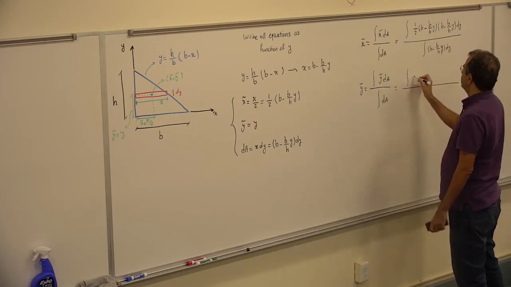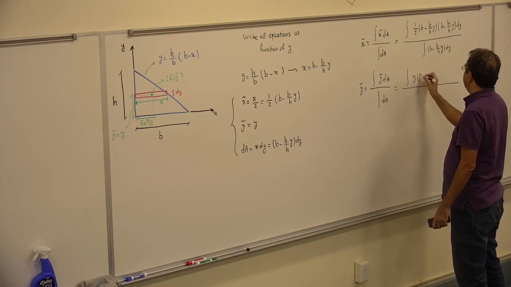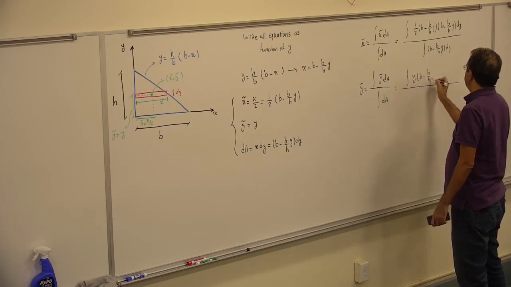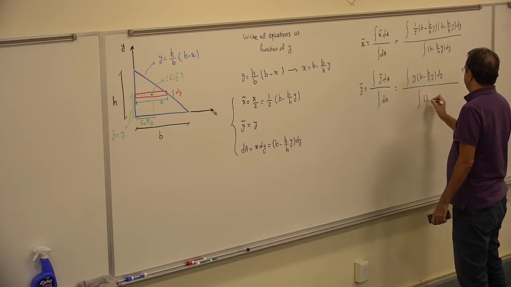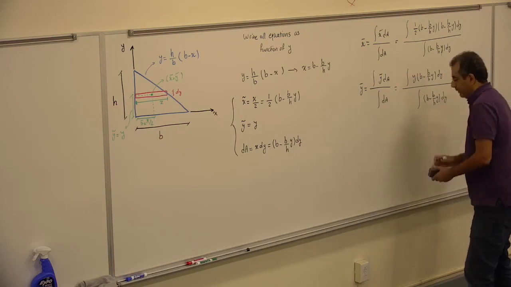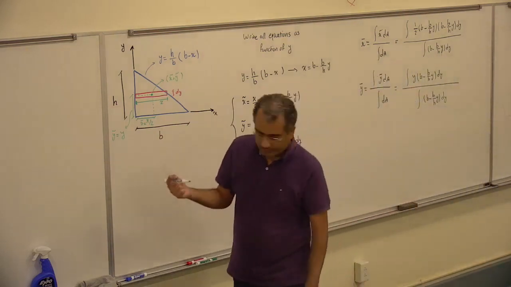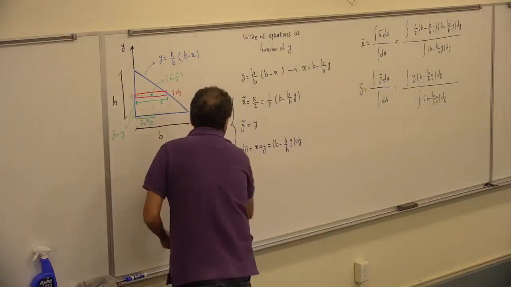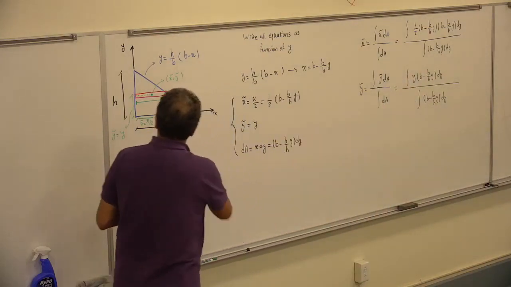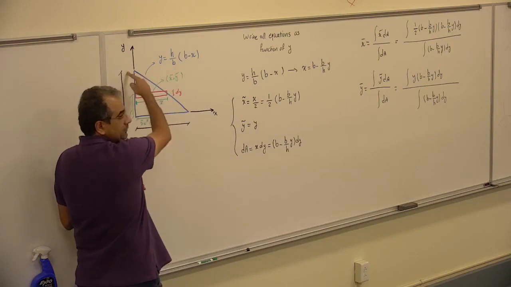For y bar, we have the same thing. y tilde is just y, and then we have y times b minus b over h y dy, divided by b minus b over h y dy. And I'm integrating over y, because of the dy, so it's going from 0 to h.